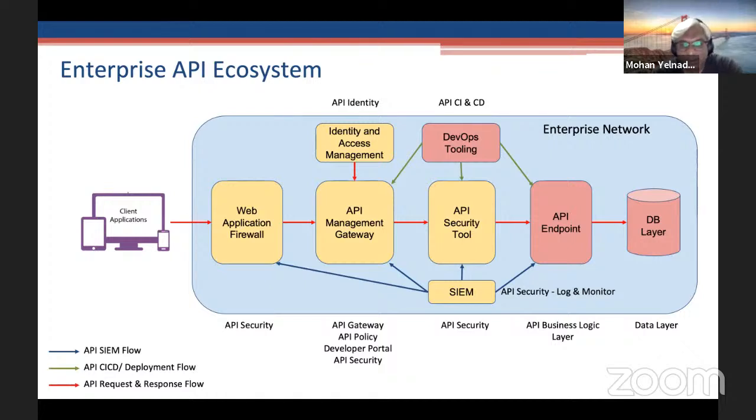There are some challenges on both sides, but compared to what Mitesh said, the earlier phase of API management was primarily to do the reverse proxy part, but now it has evolved and started adding more features like, as I said, the gateway part, the policy part, developer portal part, as well as some part of API security as well.